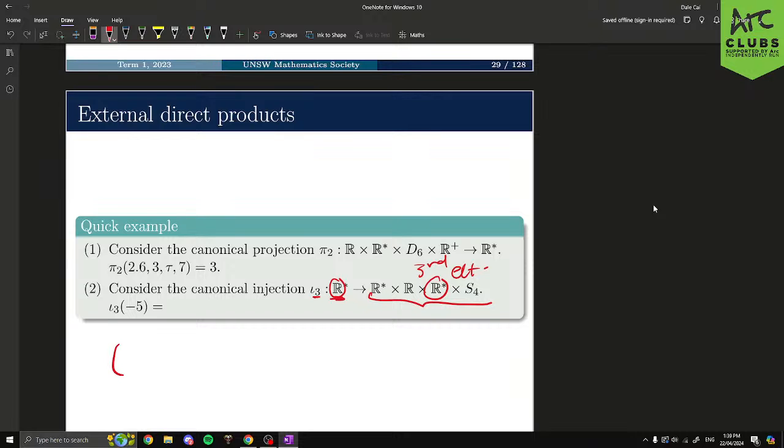So right now this should be minus 5 in the third spot, and these should all be the identities. So R under multiplication, the identity of that is 1. R, the identity for that is 0, because that's under addition. And then S4, well, the identity for that would be, I guess you denote it like this. Right, it's the identity permutation.